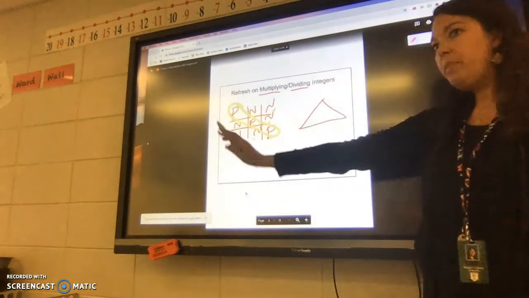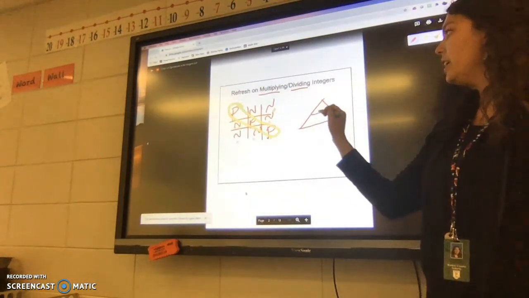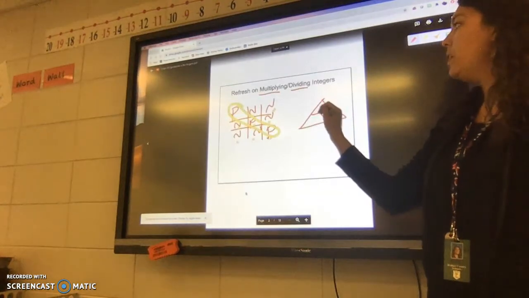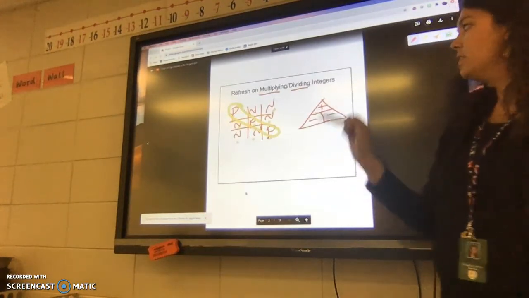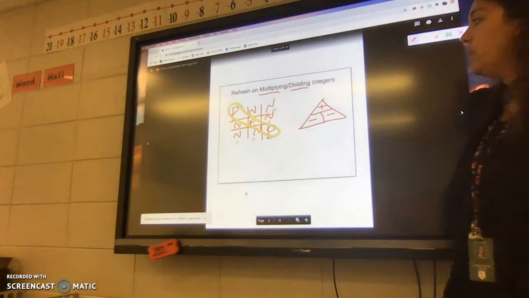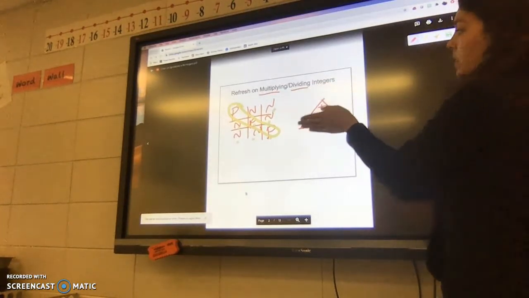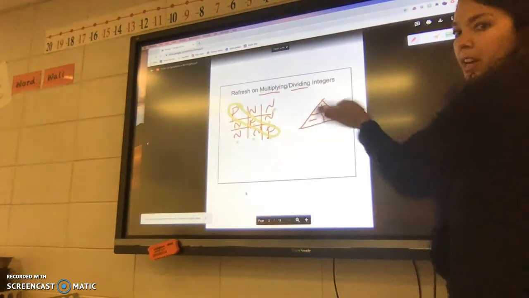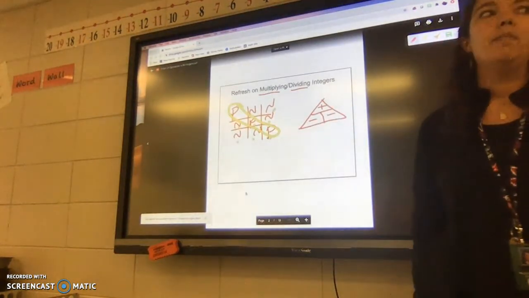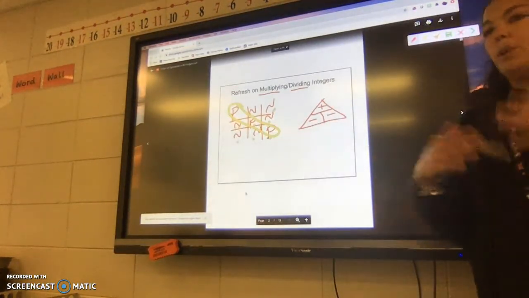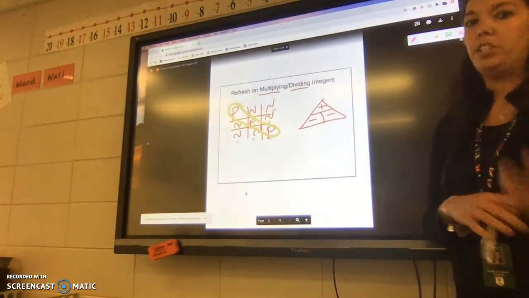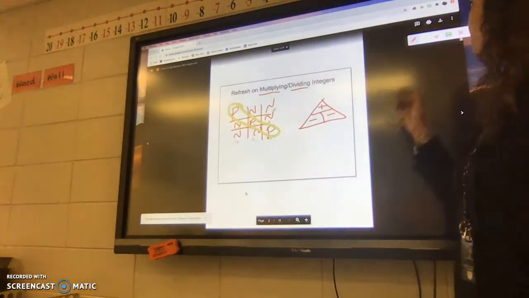If that doesn't make sense to you, you can use the triangle method, where you put a positive and then two negatives. So if you're multiplying a positive and a negative, you get a negative. If you're multiplying a negative times a negative, you get a positive. Both of those say the same things, but one of them you may like or understand better than the other one, and that's fine.